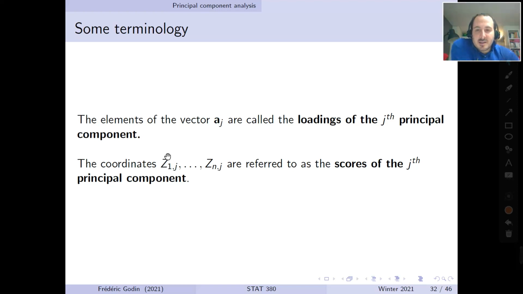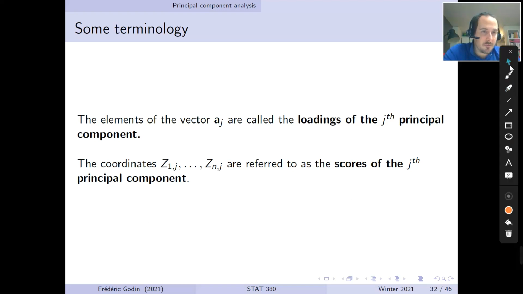Conversely, the coordinates z1j until znj are referred to as the scores of the jth principal component. Basically, it's associated with the weight of vector aj for each of the observations. So it's the coordinates in terms of the jth axis for each of the observations, and these are referred to as scores of the jth principal component.